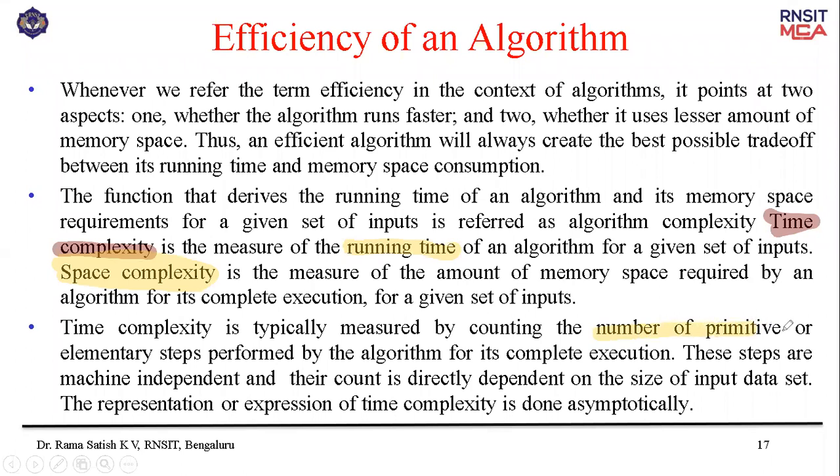How much time it takes totally depends on how many primitive statements you have. Primitive statements means the elementary steps, very important steps. How many elementary steps it is having, based on that, the time is going to be calculated.